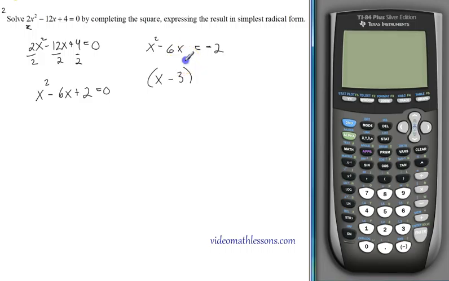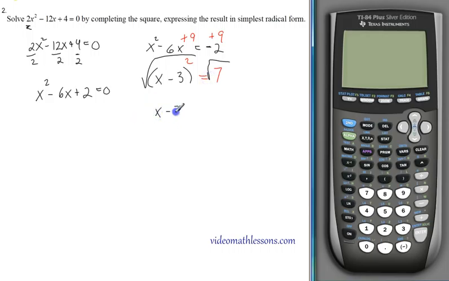But if I put a square here, these two things don't balance out. So I'm going to square the negative 3, I get plus a 9. It's always positive. So now 9 take away 2 is 7. To solve for x now, we need to take the square root of both sides.